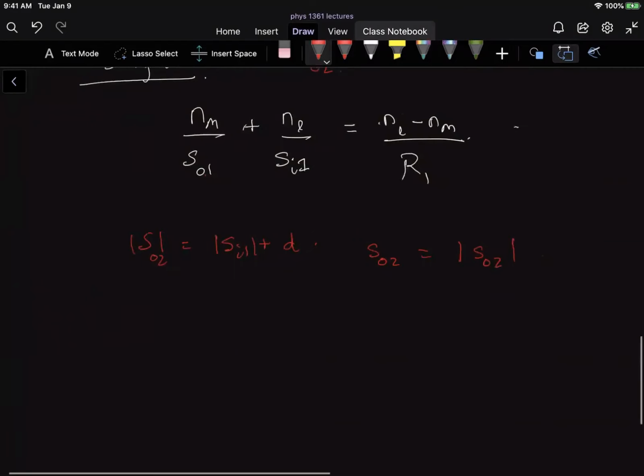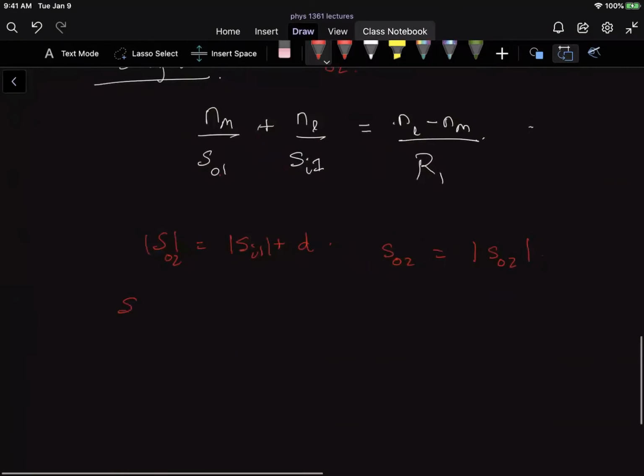And SI1 is also to the left of V1, so SI1 is negative by the sign convention.